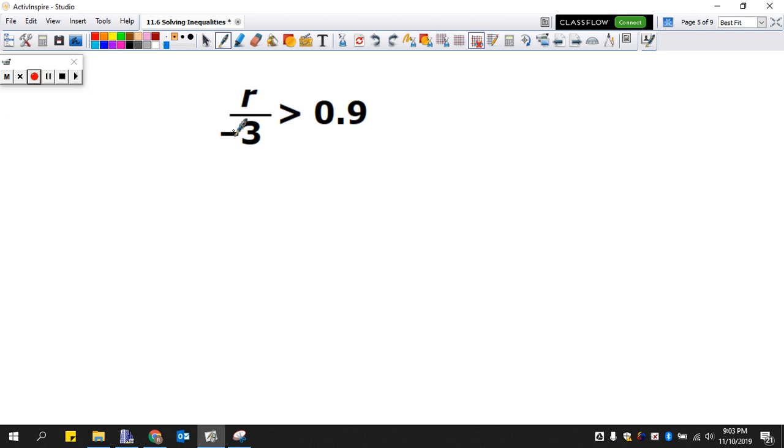Next, we're dividing by a negative 3, so we multiply by negative 3. The negative 3's cancel out, and R is less than negative 2.7.